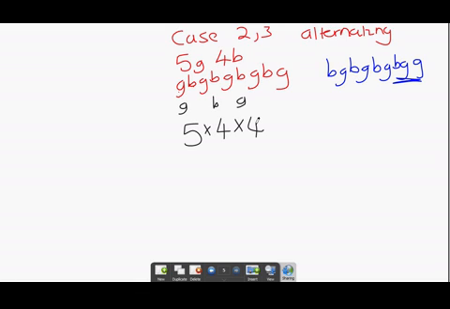The second boy I'm choosing from 3 boys. Then the third girl I'm choosing from, not 4, from 3. And the third boy I'm choosing from 2.